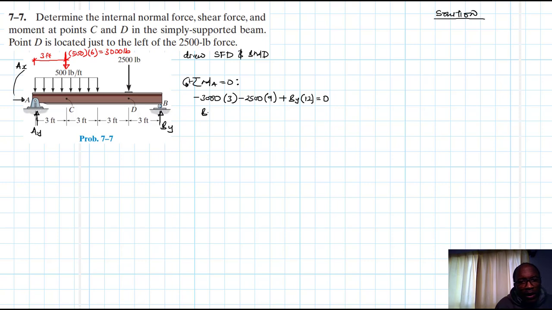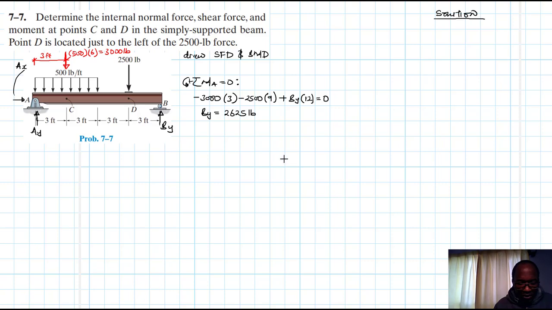Therefore, our BY will be equal to 3,000 by 3 minus 2,500 by 9, divided by 12. So we have BY equal to 2,625 pounds.